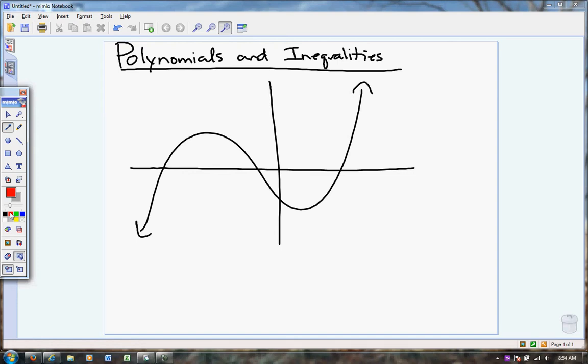If I wanted to talk about the values of this polynomial function over here where I've got this red line, what's one thing I could say about them? All of these function values over here are what? Negative.